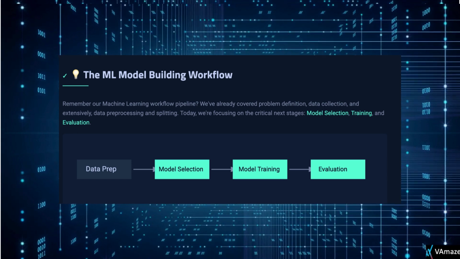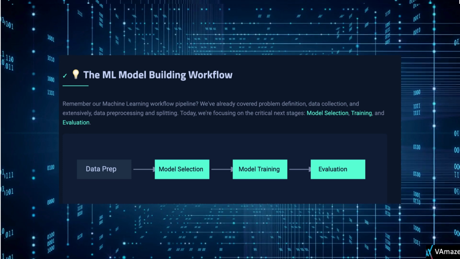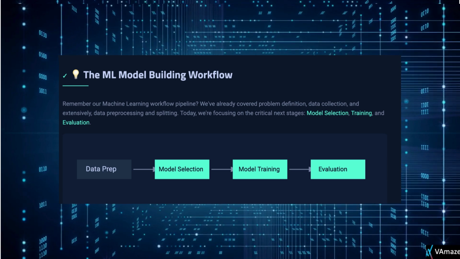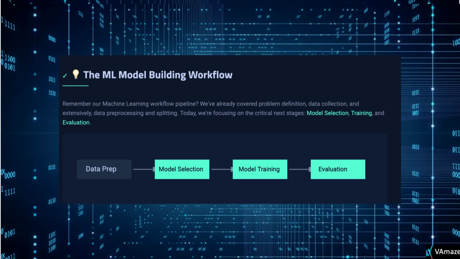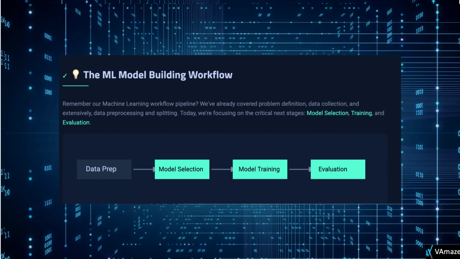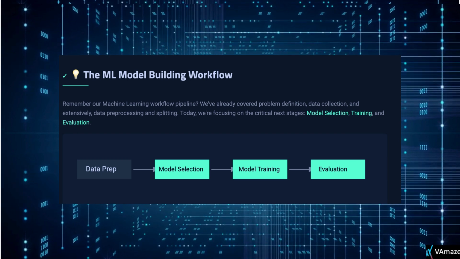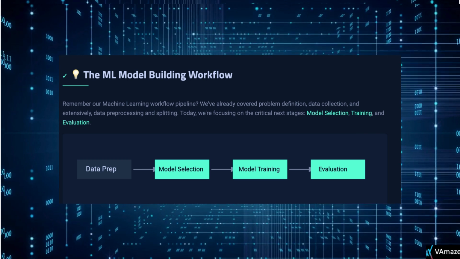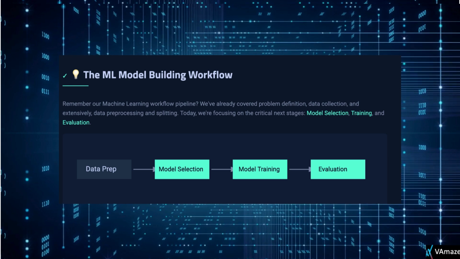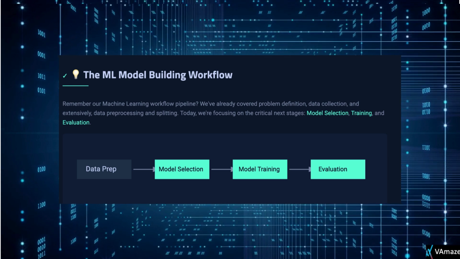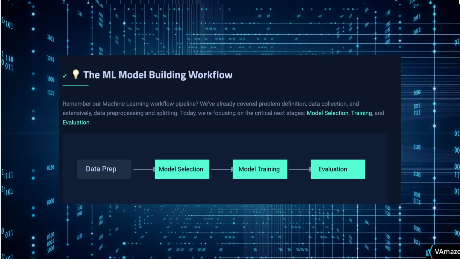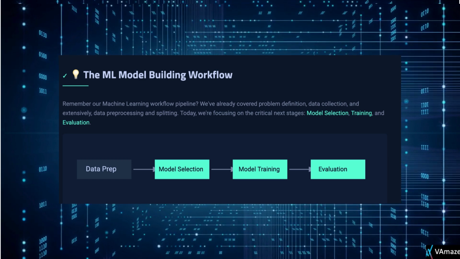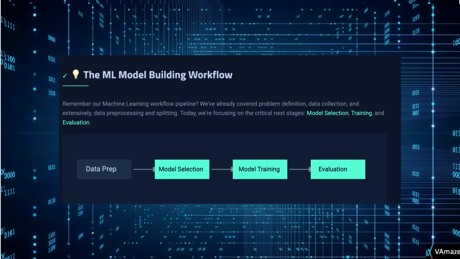Building an ML model essentially involves choosing an algorithm, selecting the right learning algorithm for your specific task, training the model, feeding your prepared training data to that algorithm so it can learn patterns, evaluating the model, assessing how well your trained model performs on new unseen data, and refining, optional but common, adjusting the model or its parameters to improve performance. Let's dive into each of these.